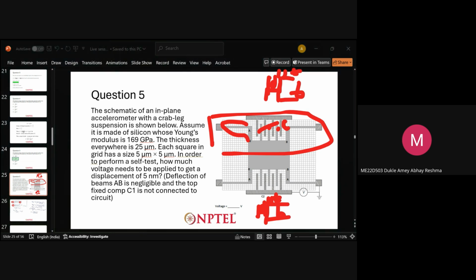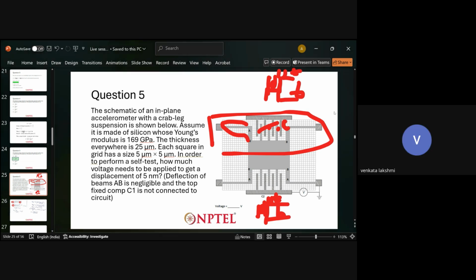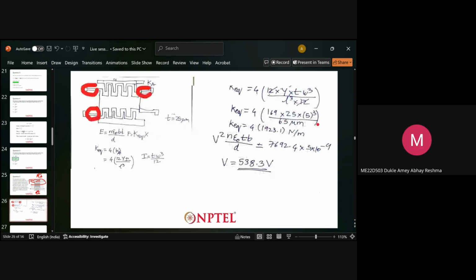Are you able to understand? Sir, I want to see the figure. So now the overlapping area is there, sir. Overall, we are giving another deflection of 5. So we have to count the number of grids, sir.